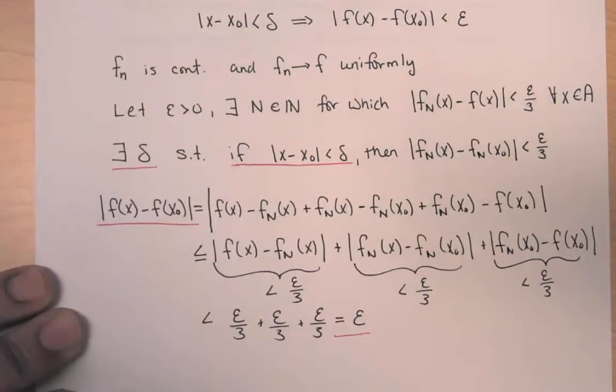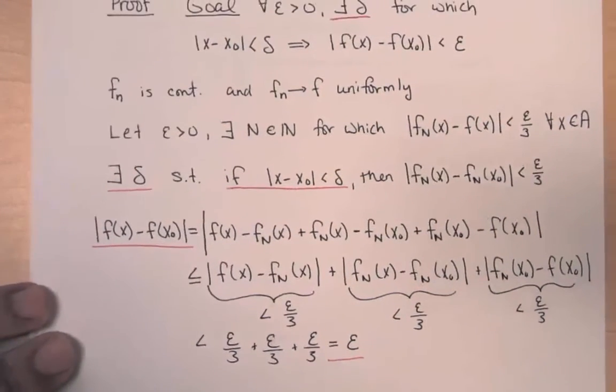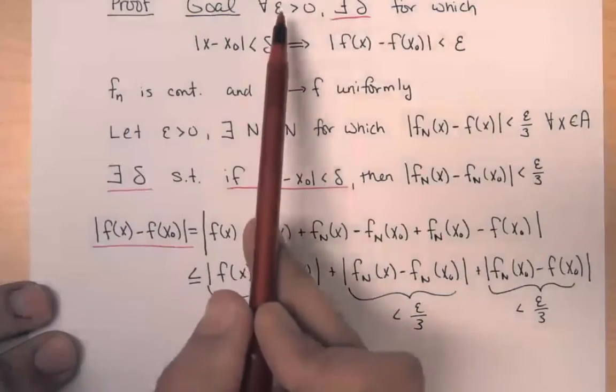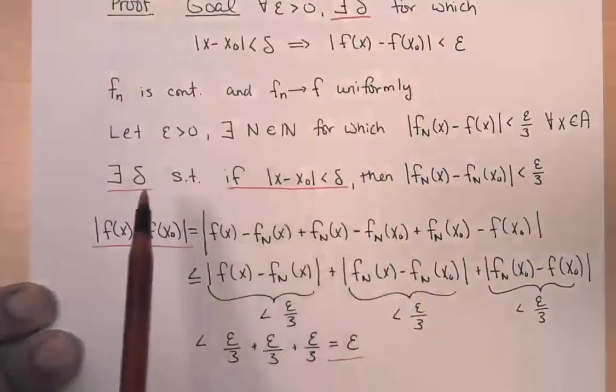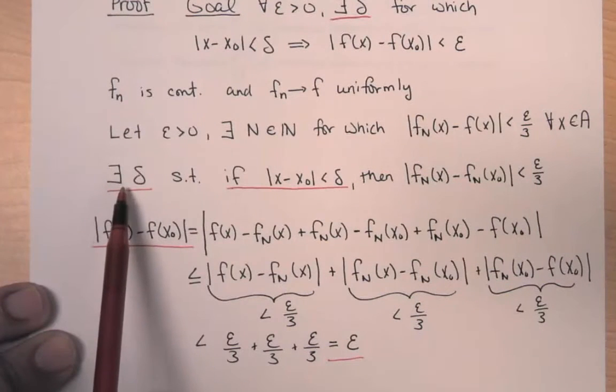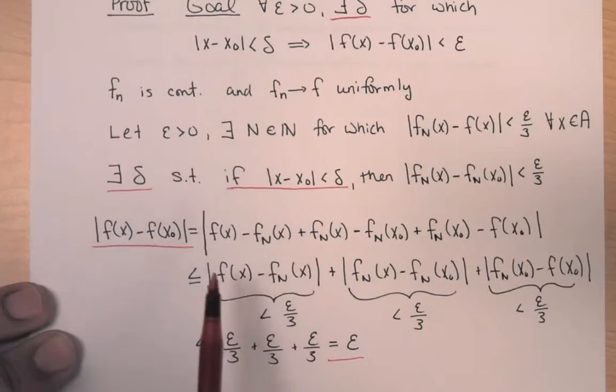We now have all the elements of our goal. For any epsilon, and here epsilon is arbitrary, there exists a delta, here it is, and whenever this is true, this is less than epsilon. We have our goal.